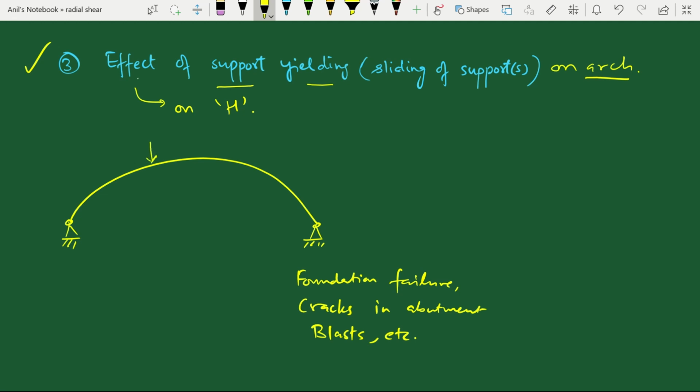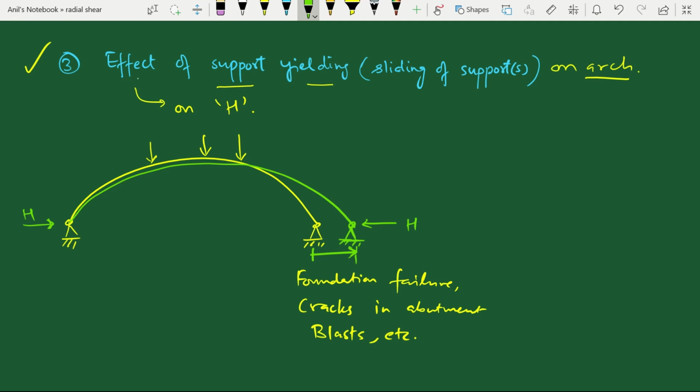Due to loading on the arch, it may acquire a new shape like this. There may be some sliding of one or both the supports by some amount, and that is going to expand the span of the arch slightly and change the horizontal thrust.